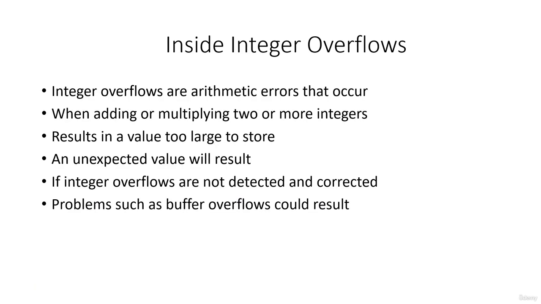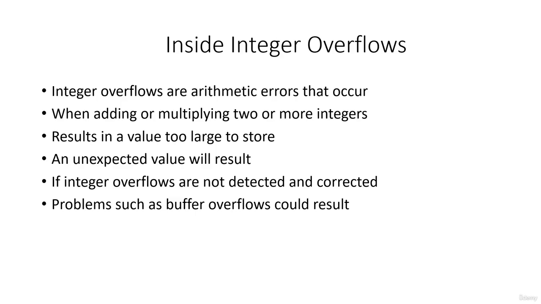Before we finish with the module, we need to cover a type of overflow condition that occurs inside a process and is somewhat related to buffer overflow conditions. Integer overflows are arithmetic errors that occur when adding or multiplying two or more integers results in an integer value that is larger than the storage space allocated to store the value.